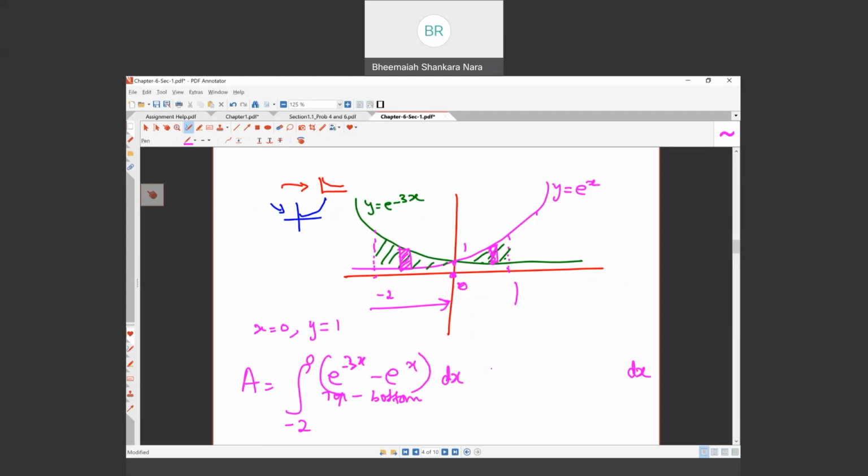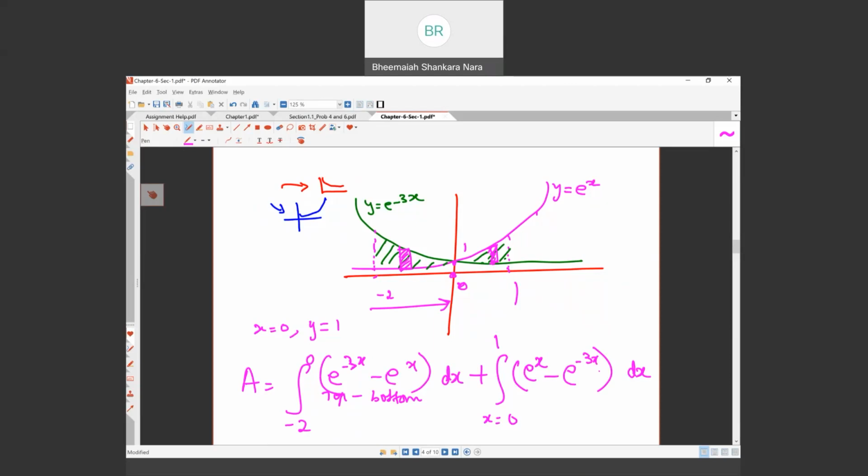Plus, then you have x equal to 0 to 1. The top curve on the right hand side will be e to the x. The bottom one will be exponential -x. It's always top minus bottom if you have an x variable for integration, and it's right minus left if you have a y variable for integration.